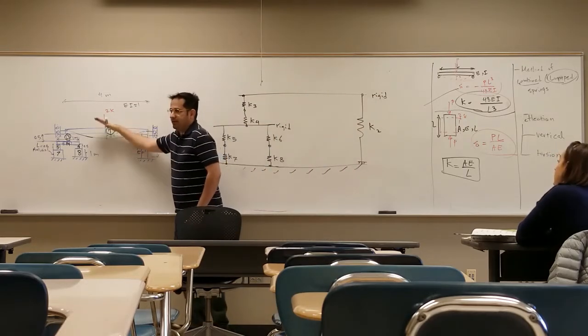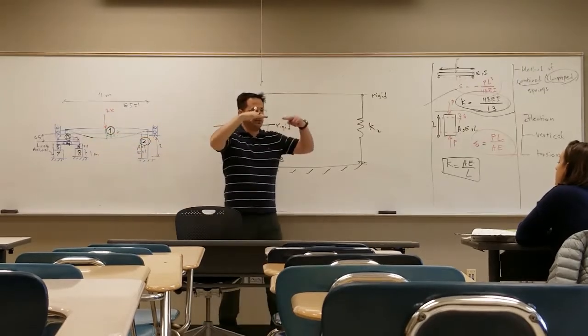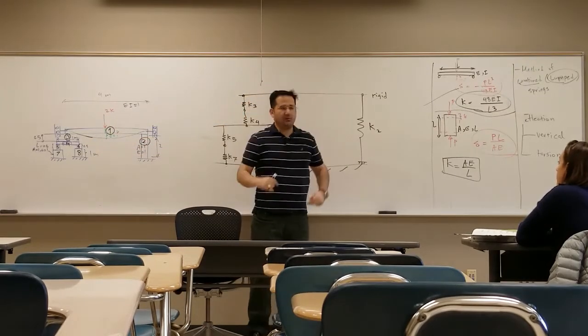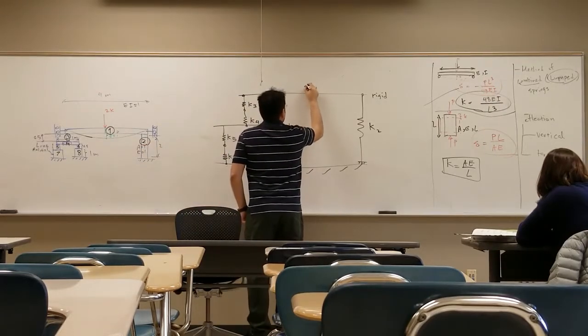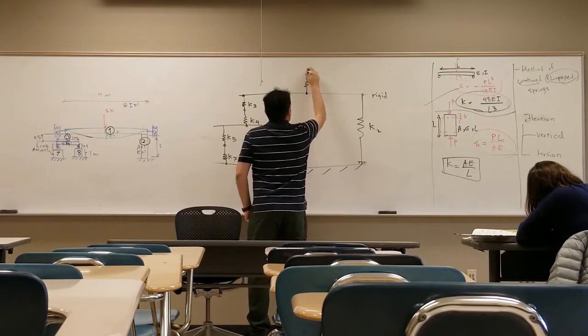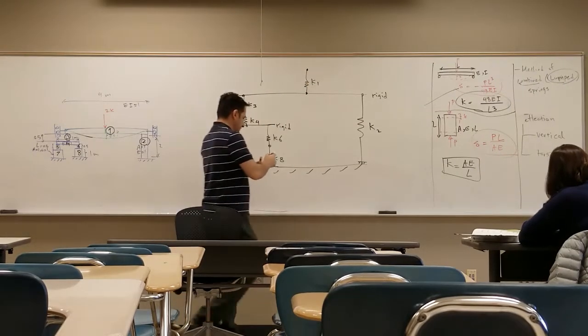It doesn't deflect like that. If you have a theta like that, this is not valid. We assume that it has exactly the same amount of deflection. Then I add my K1. Now let's do the calculation, and this is my force, P.